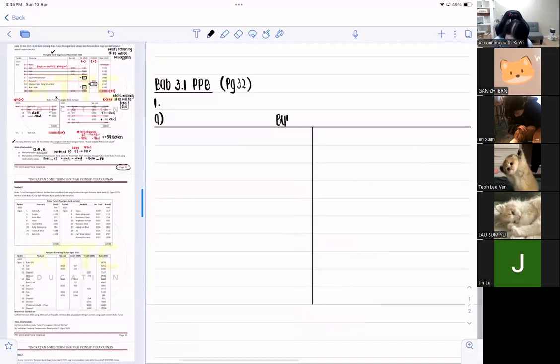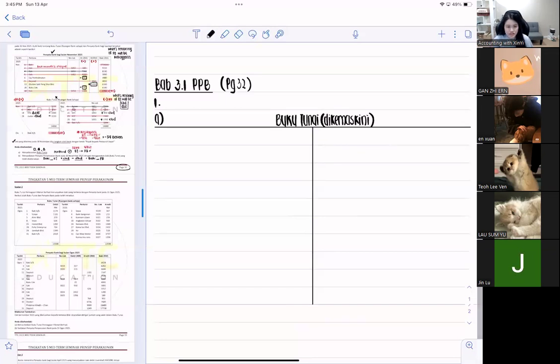For buku tunai, make sure to write down in brackets, dikemaskini. Can? All right, then let's begin.